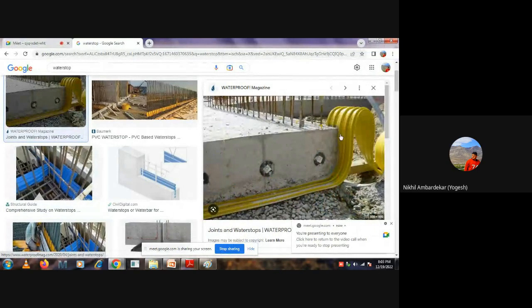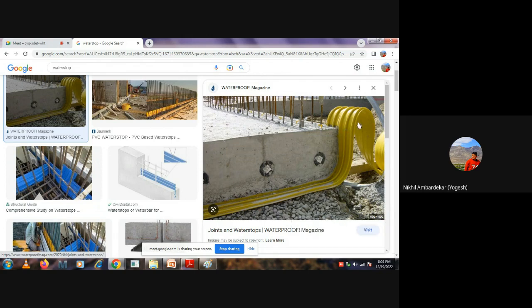Can you see this? Yes, sir. So this is the water stop, some kind of PVC plastic material. Now this is the joint, so we will cast the other portion of the slab against this portion. Because of this, water will not pass directly to the ground.